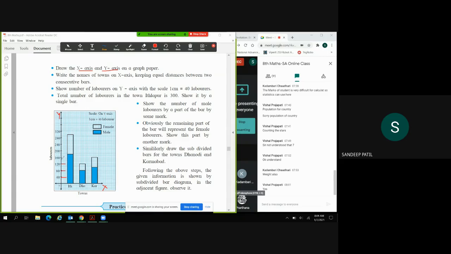For each centimeter, we can decide the number. We can go for 50, 40, 20 according to the data. We know our whole graph paper is not so big, so we have to see the maximum number. Like in this problem, the maximum number is around 300, right?